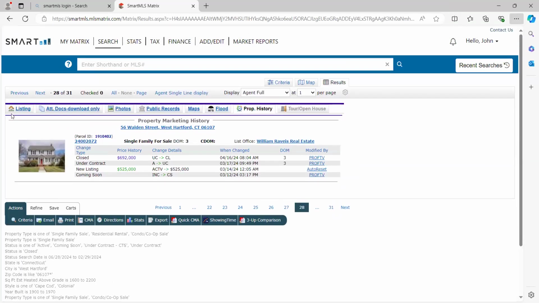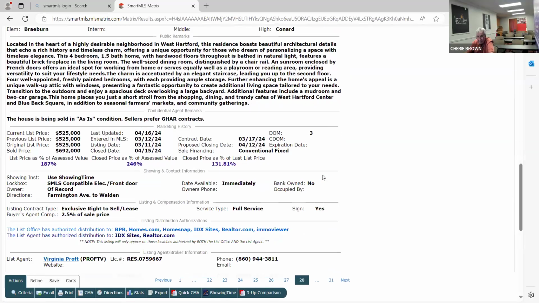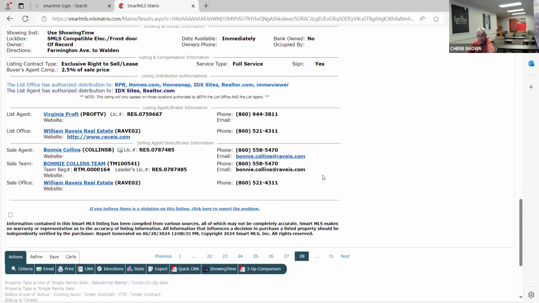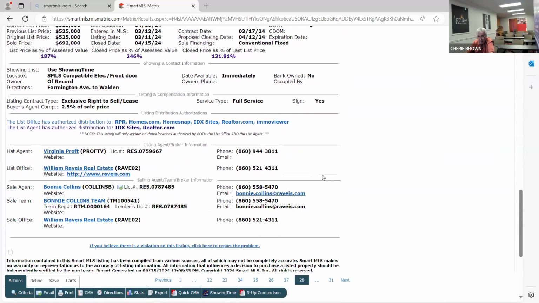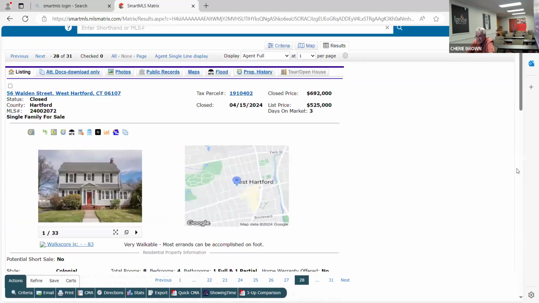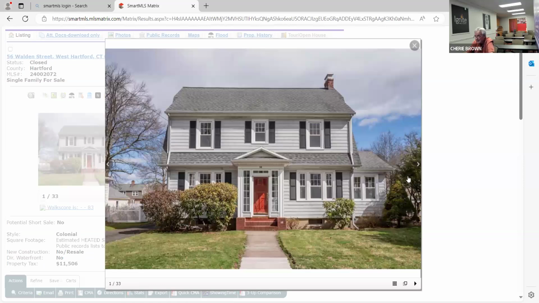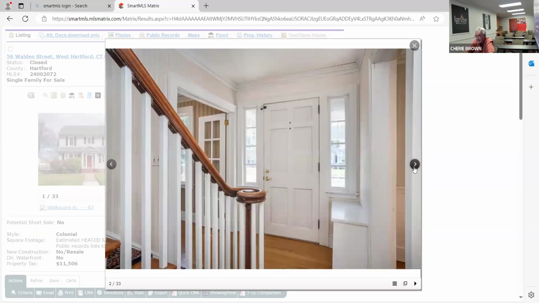And if we look at the listing itself, I believe this is the one that Rob sold, or not, no, one of the other agents. But it's very similar to ours. It's on the same street, pretty much the same age.